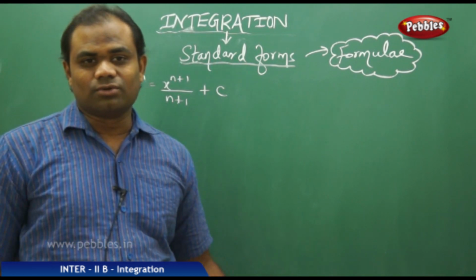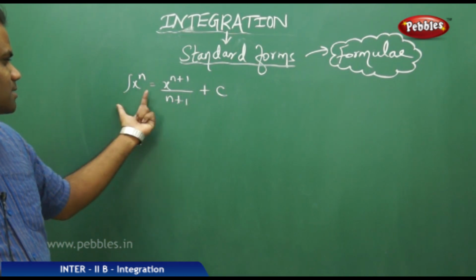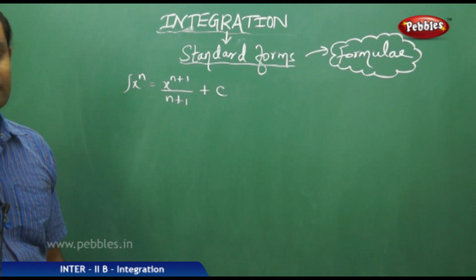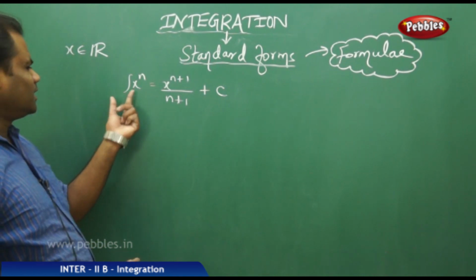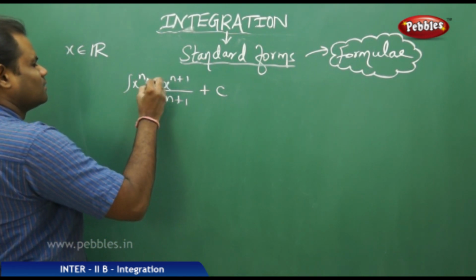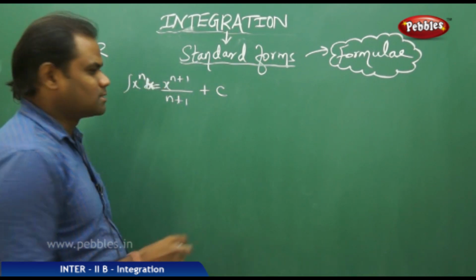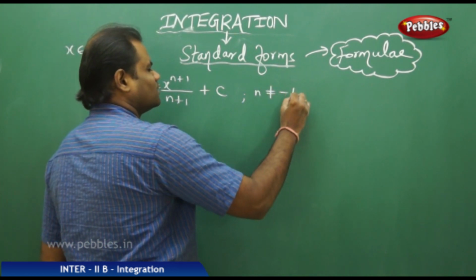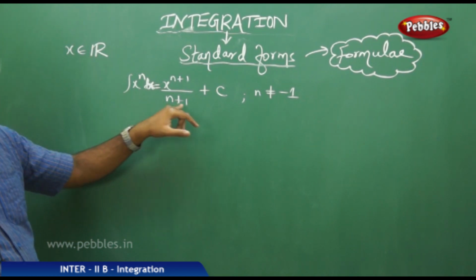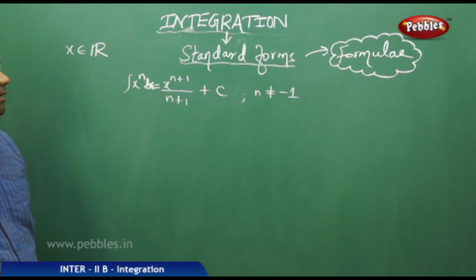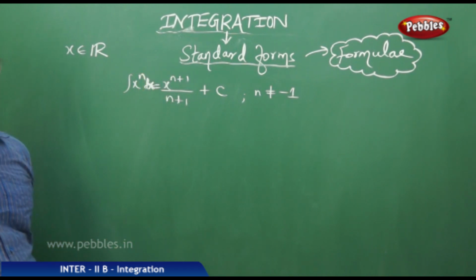Now in this case, we assume x as all real numbers, though I do not mention it, it is generally assumed that x belongs to R. So the integral x power n dx is always x power n plus 1 by n plus 1 plus c, and of course n is not equal to minus 1, because if n is equal to minus 1, the denominator becomes 0 and hence undefined. So for n not equal to minus 1, the integral of x power n dx is this plus c.